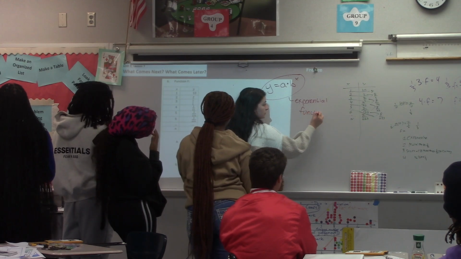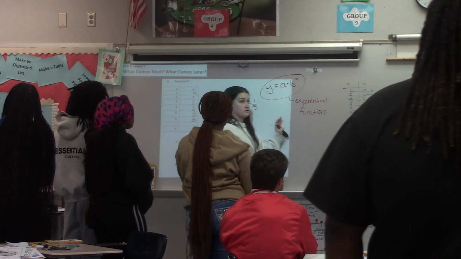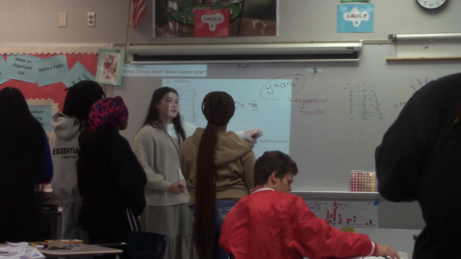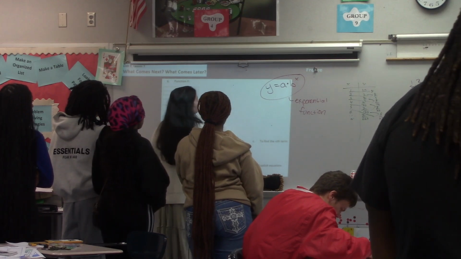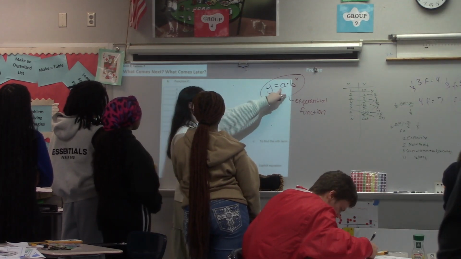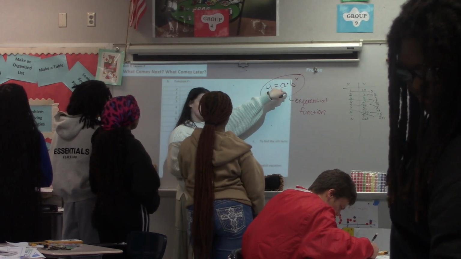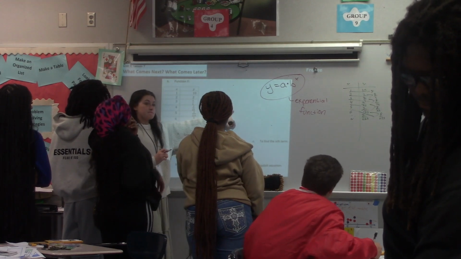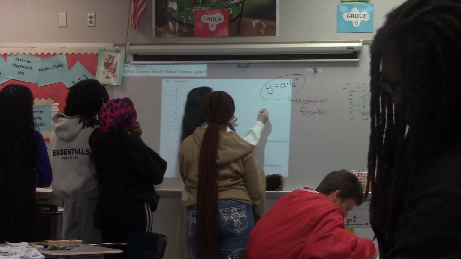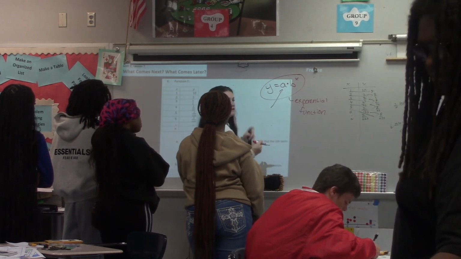If we do not know this, we need to have this written down. We need to know what an exponential function looks like. So what is my a here? What does a represent? Don't give me a number, what does it represent?